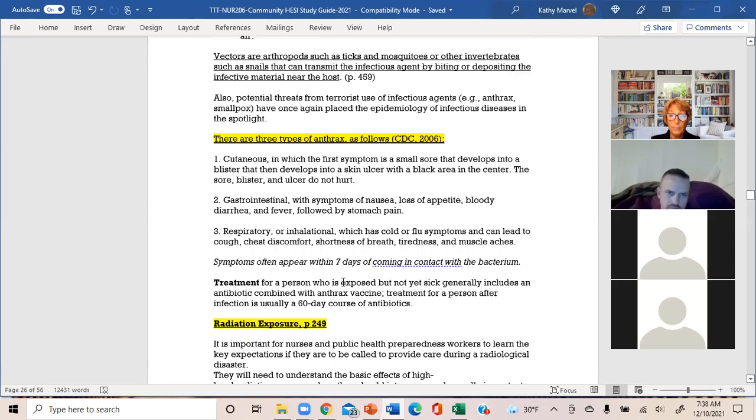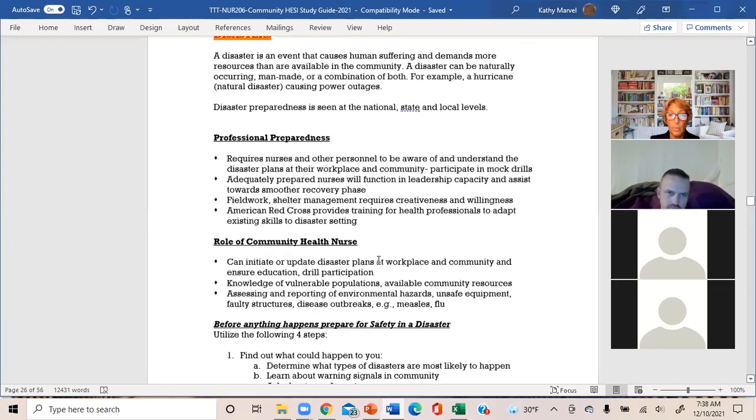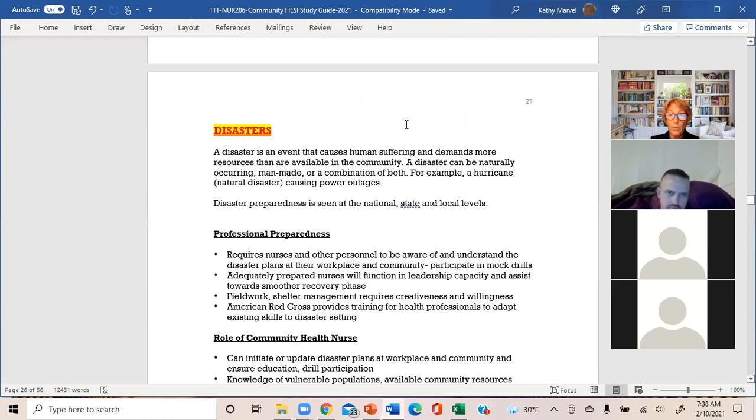Anthrax. Okay, there's a section on here, and that's on here because based on our research of HESIs in the past, anthrax has come up, radiation exposures come up. Then the next section is disasters.